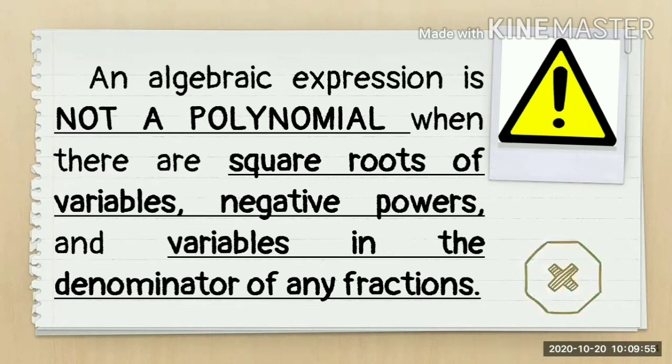Pangalawa, when there are negative powers. Example, x raised to negative 3. So hindi po natin masasabi na siya ay polynomial function. And last one, if there are variables in the denominator of any fractions. So hindi din po pwedeng magkaroon ng variable ang denominator ng isang polynomial function.